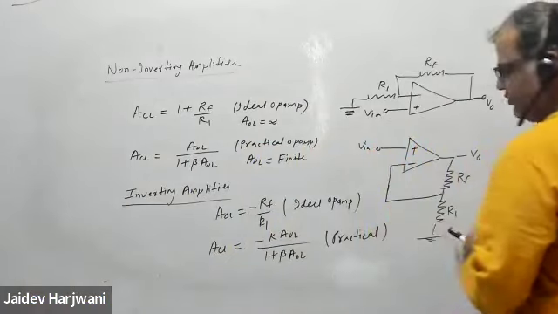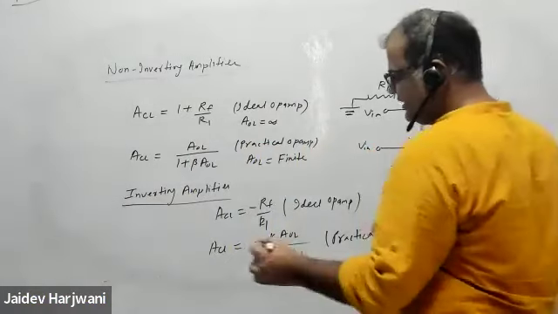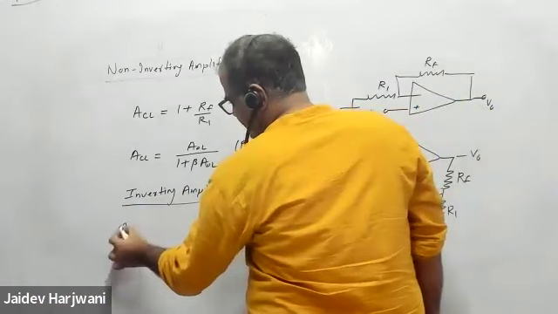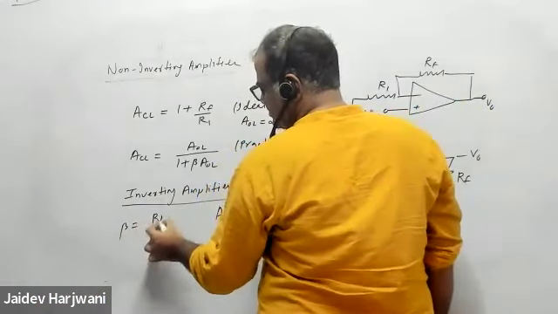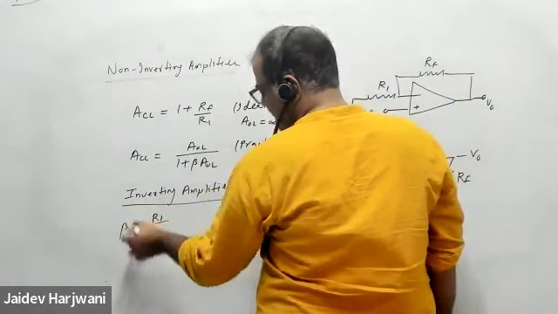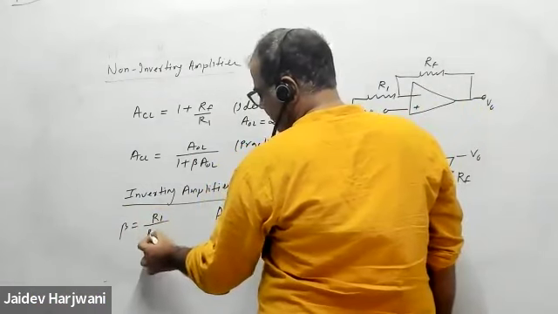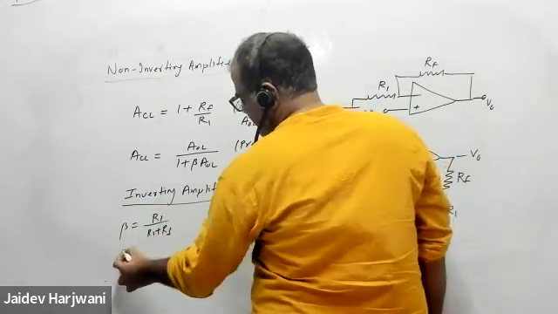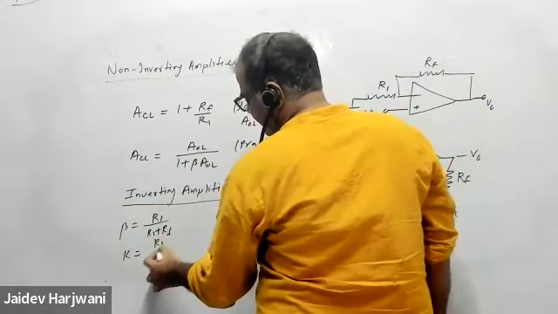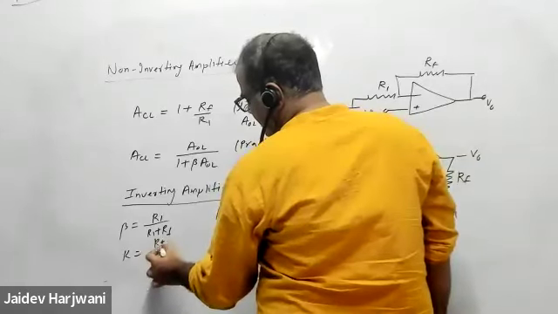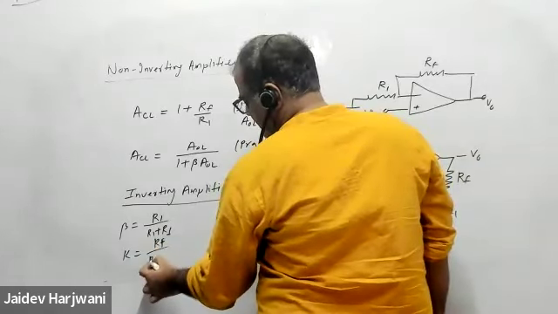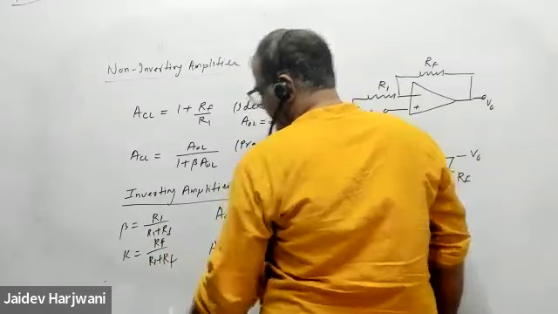And here you should know what is K. Beta is what? Beta is feedback. Feedback is voltage at R1 through R1 and RF, so beta is R1 upon R1 plus RF, and K is RF upon R1 plus RF.